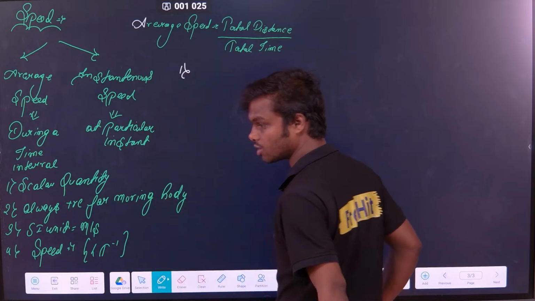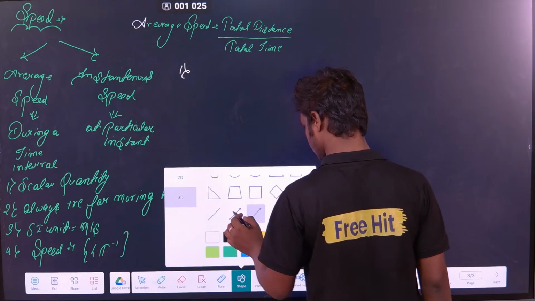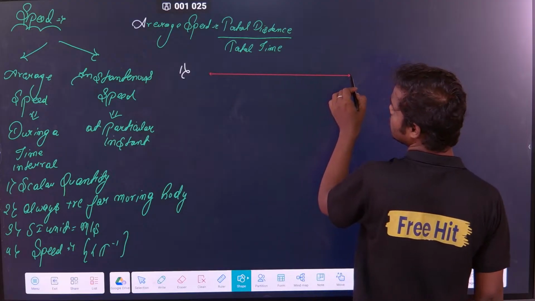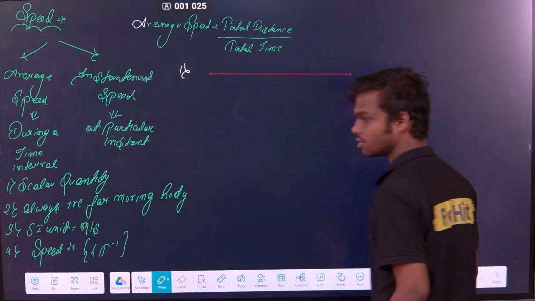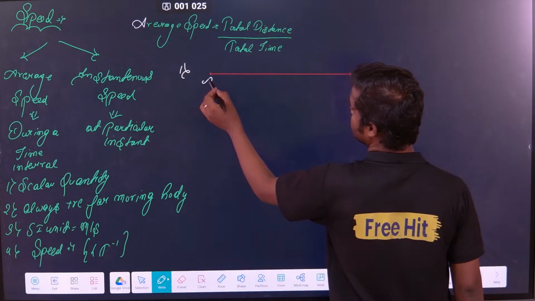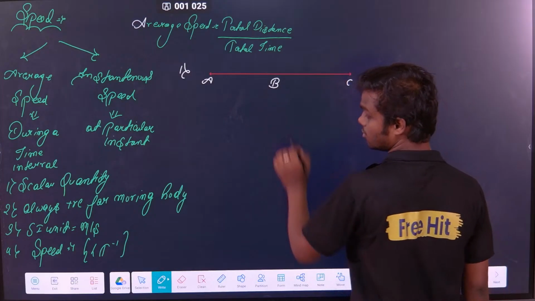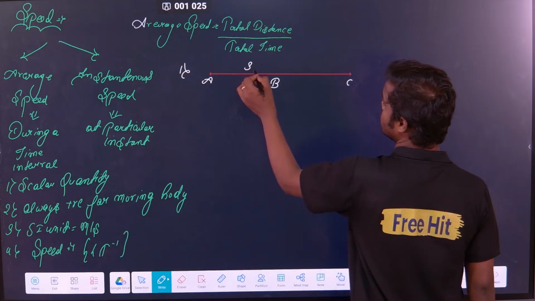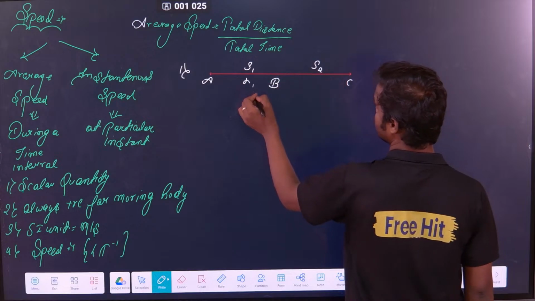First case. Suppose it is a path and this point is A, this point is C, this point is B. Suppose this distance is S1, this distance is S2, and this time is T1, this time is T2.